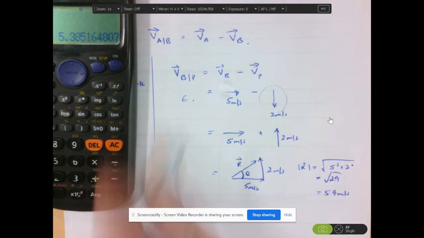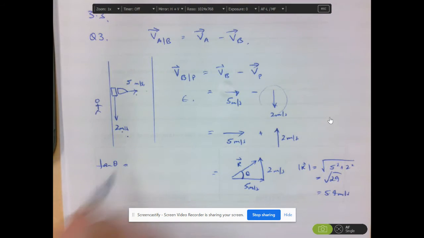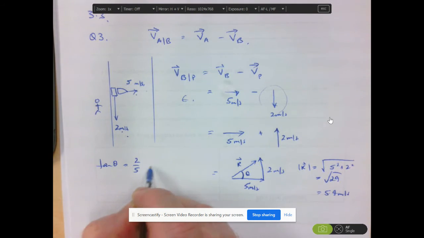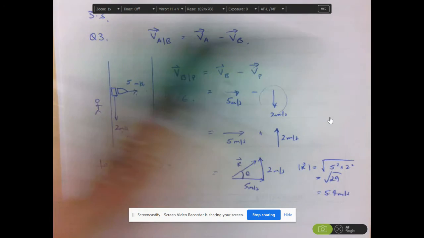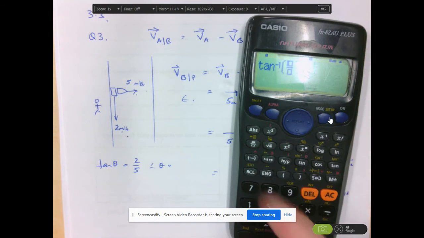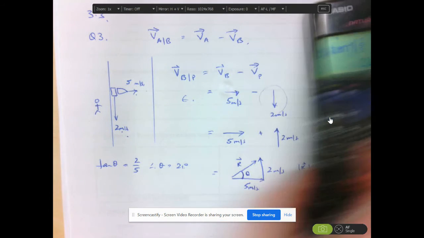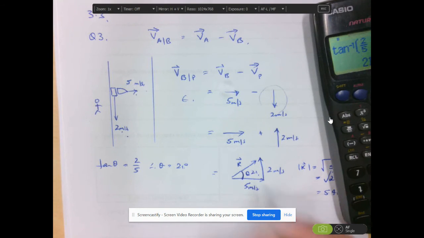So to work out theta, tan theta would equal 2/5. That would give us theta equaling shift tan, inverse tan of 2/5. That's 21 degrees. So that's 21 degrees there.